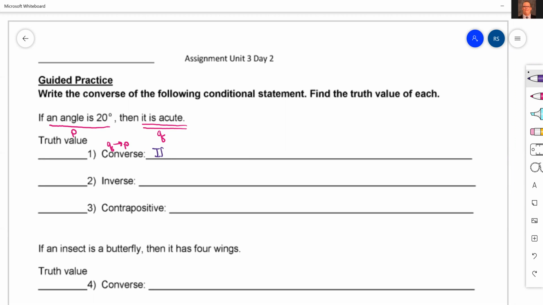If an angle is acute, then it is 20 degrees. We flipped them. That's all we did.